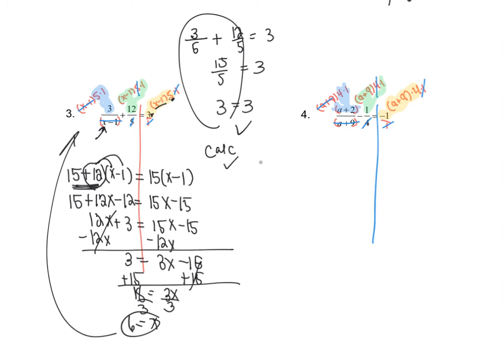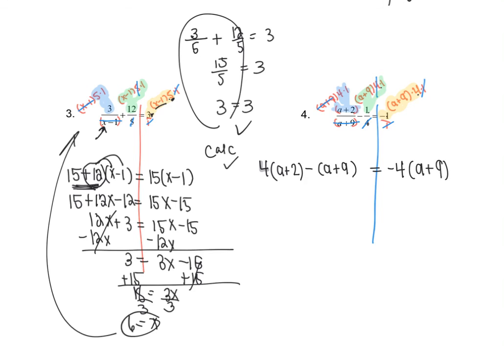All right, so we have 4 parentheses a plus 2 minus a plus 9, because look, this is just a 1 times a 1 times a plus 9 equals negative 4 a plus 9.